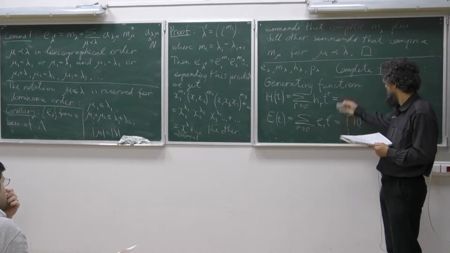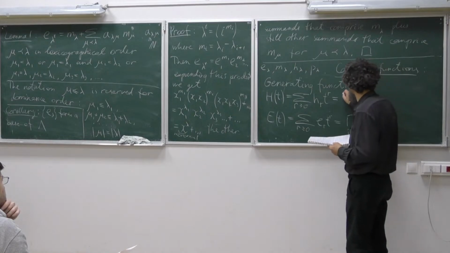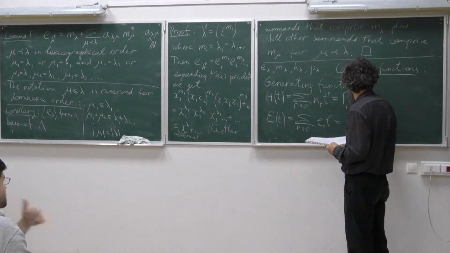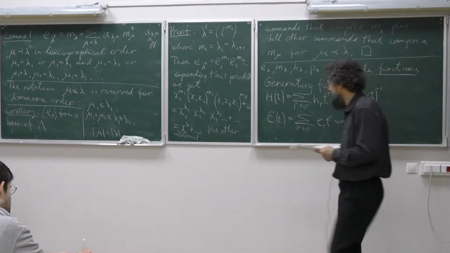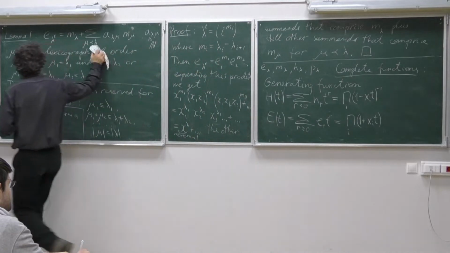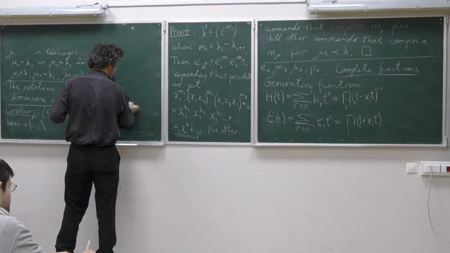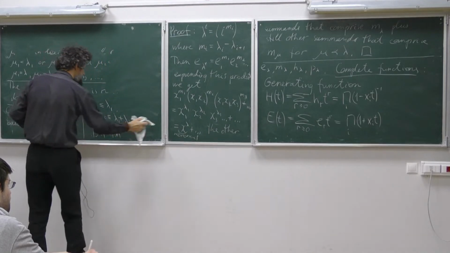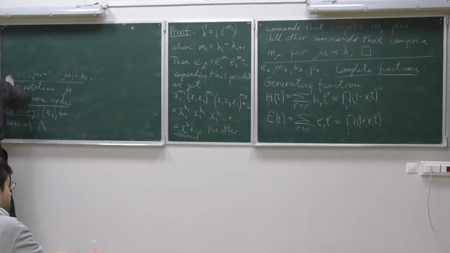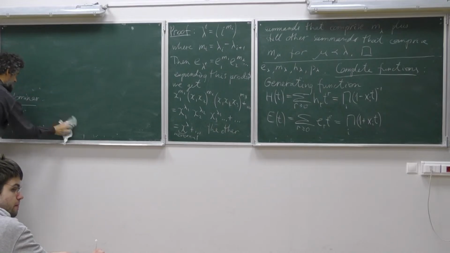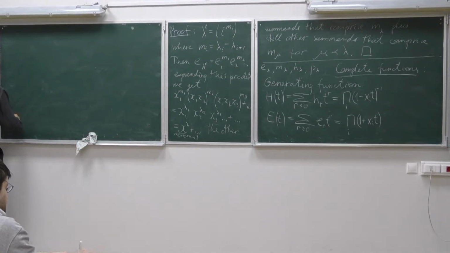And here, right, it is again the product over all i of 1 minus x_i t inverse. Pardon me? H was the sum of all m's. H_n is the sum of m_lambda over all lambda partitions of n.